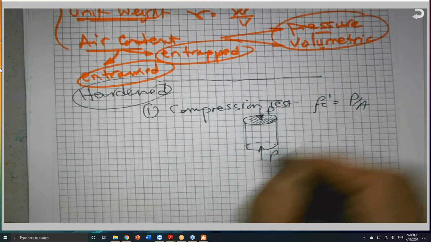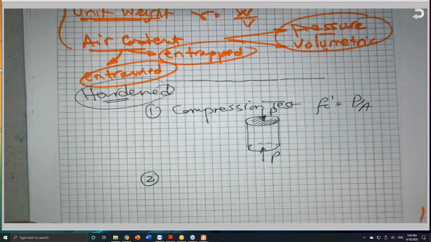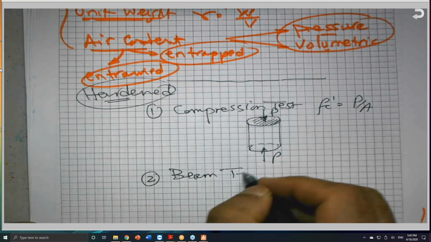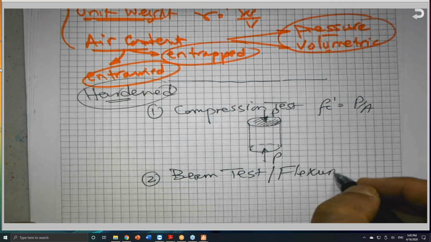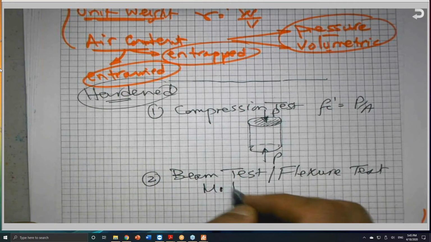The second test that we do while the concrete is hardened is called the beam test, or a flexure test, or we also call it the modulus of rupture test.